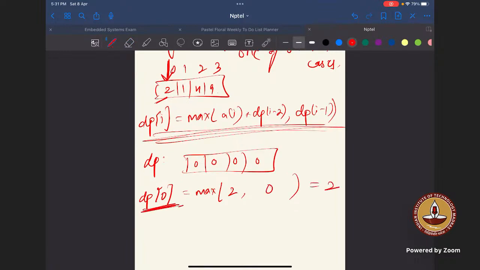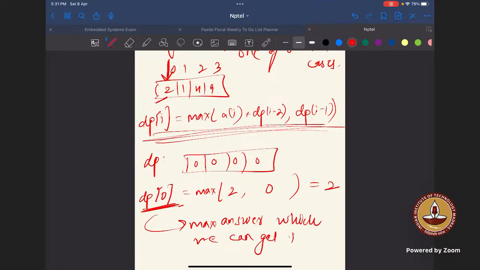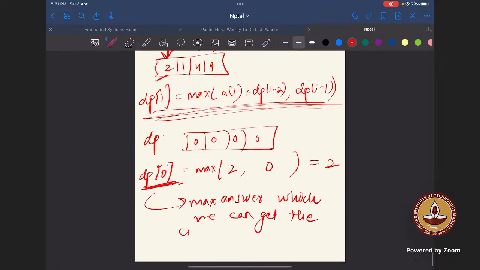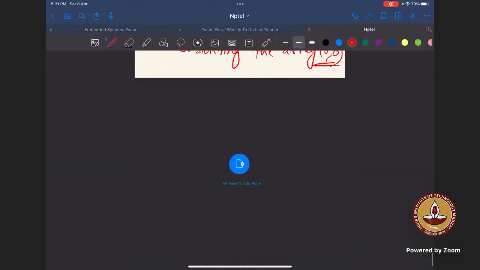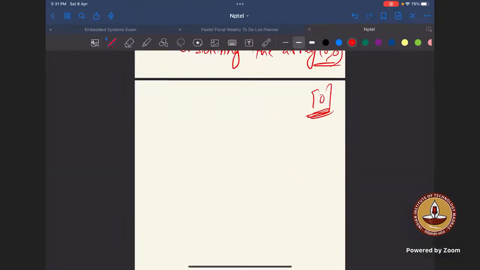So what does dp of 0 represent? dp of 0 represents the maximum answer which we can get by considering the array 0 comma 0. That is, only one element is there. So obviously the maximum answer we can get is by picking the element. That is why it is 2.